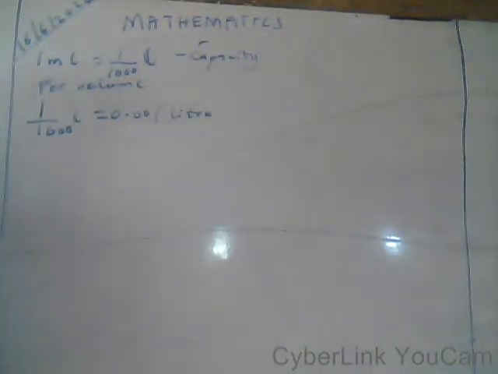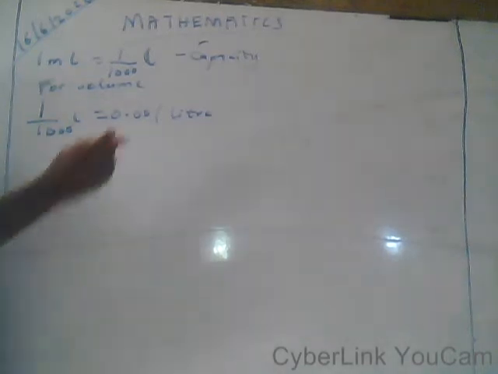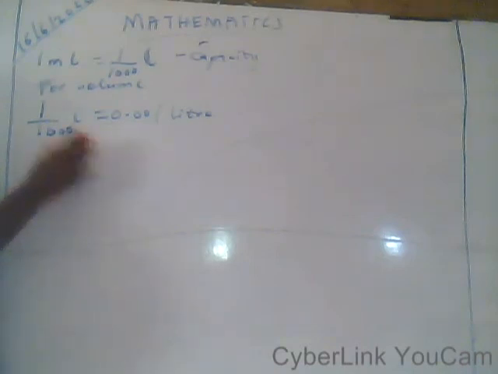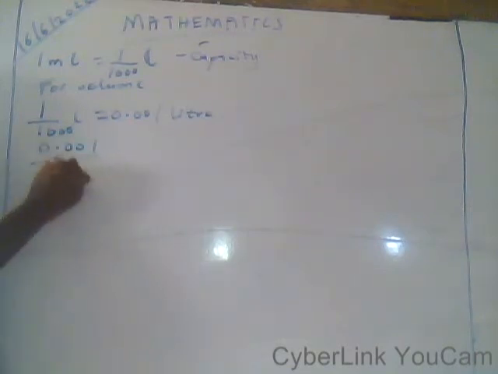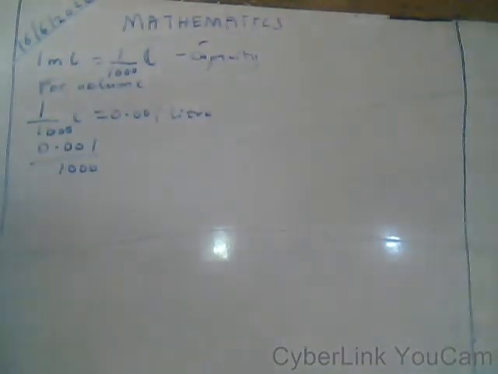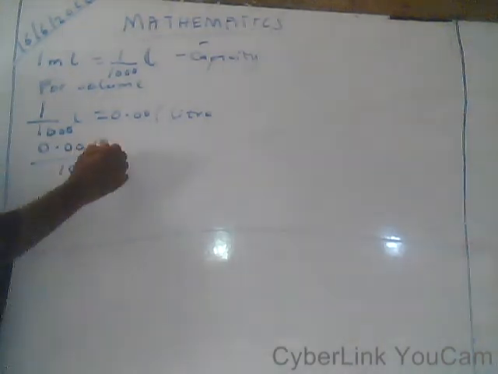For us to convert this to meter cube, remember what I explained from volume to capacity, we have to divide by 1000. That will be 0.001 over 1000 in meter cube.